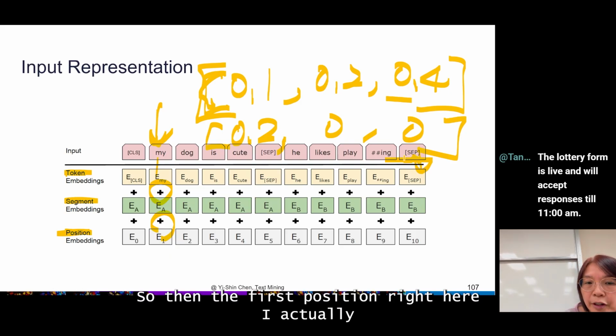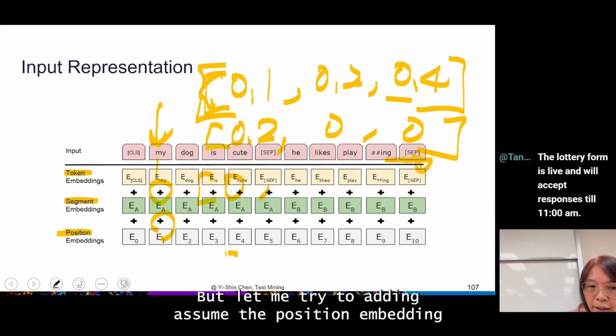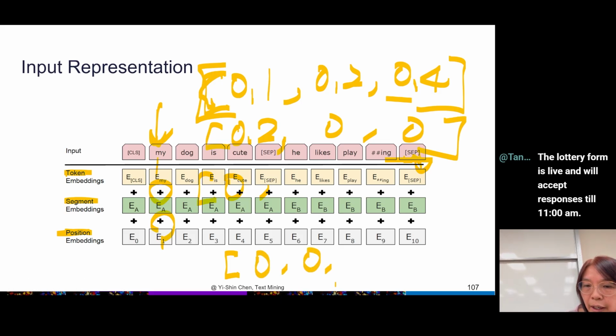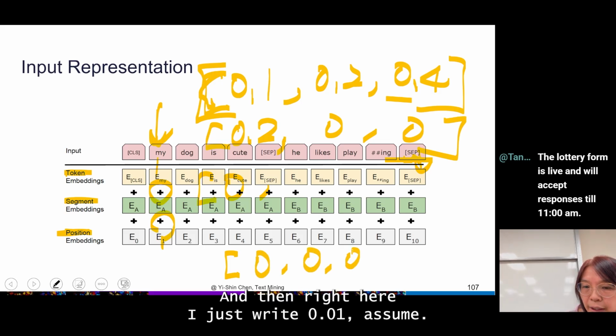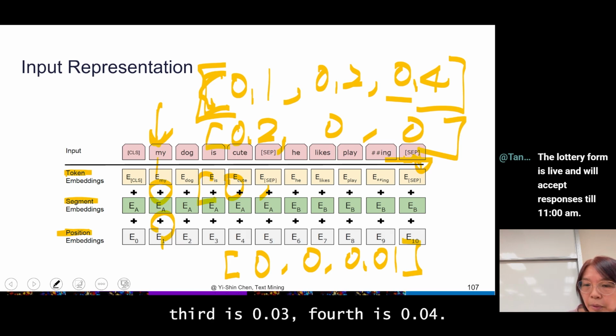Okay, so for the first position right here, I'm sorry, this is quite math, but let me try to add it. Assume the position embedding for the first one is like 0, 0, and then right here 0, 0.1. Assume. And if there's a second, then I will have 0.02. 3 is 0.03. 4 is 0.04.